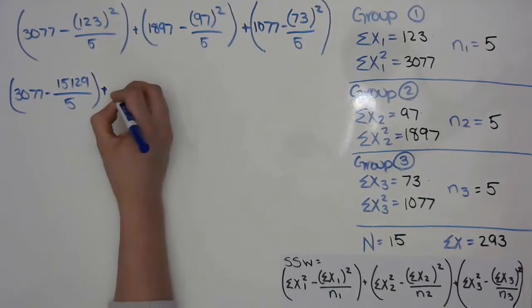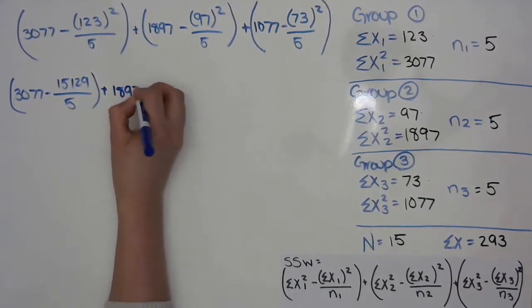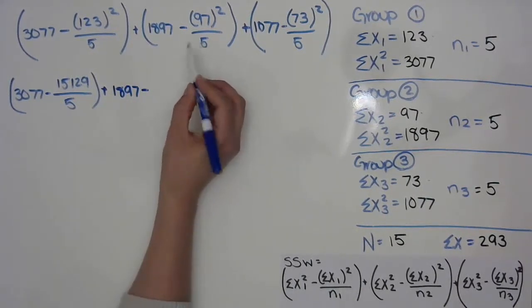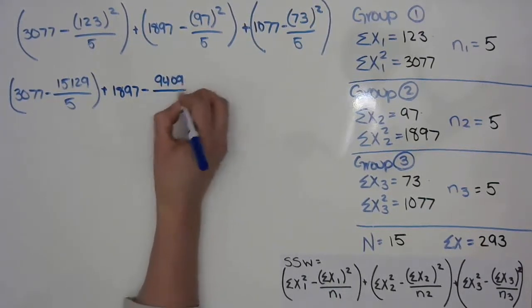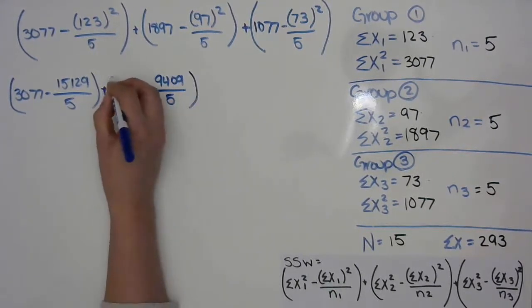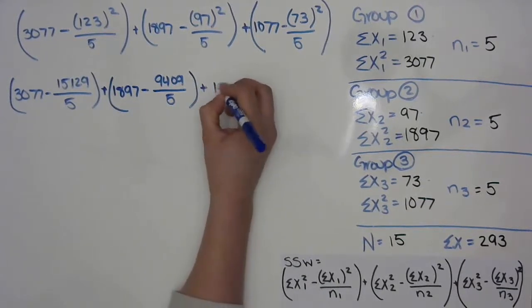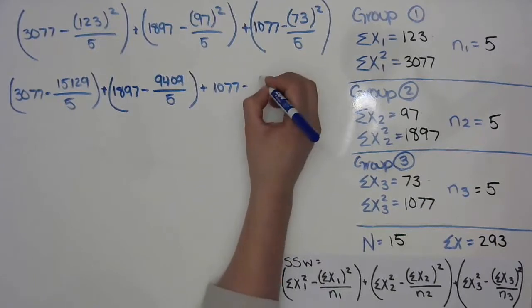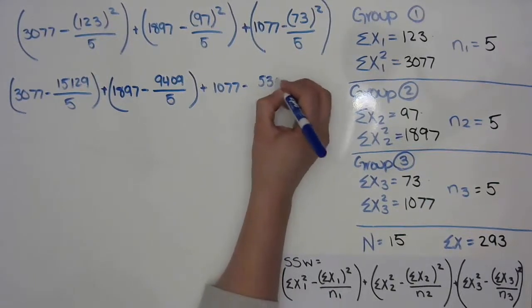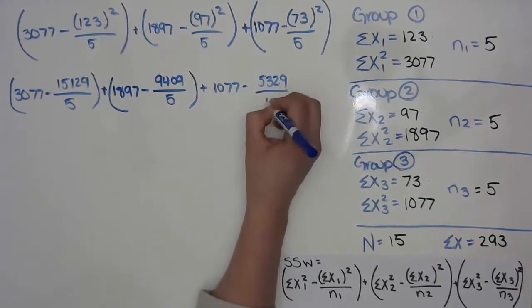And then we'll have 1897 minus 97 squared, which is 9409 over 5. And then we'll have 1077 minus 73 squared, which is 5329 over 5.